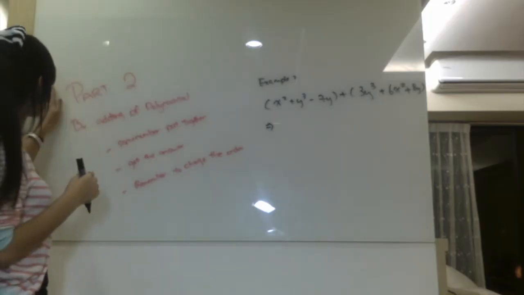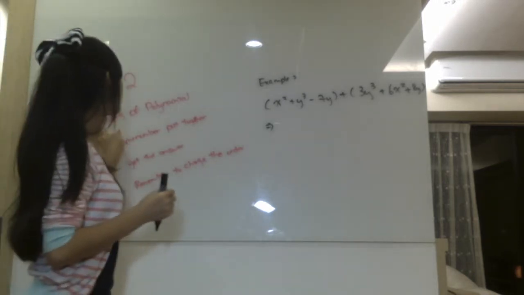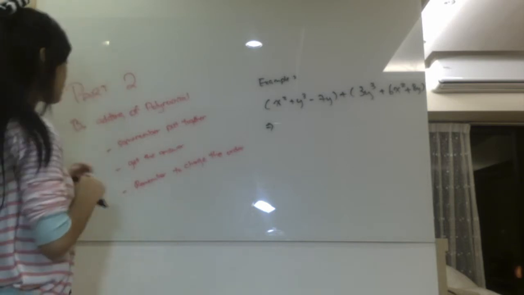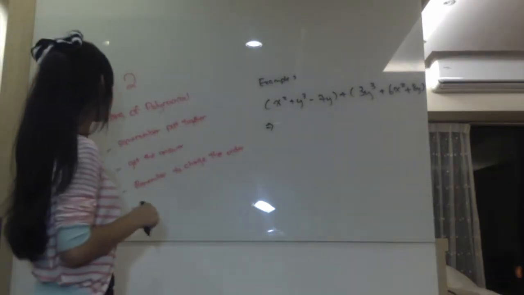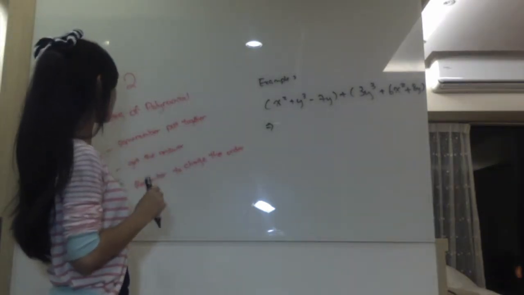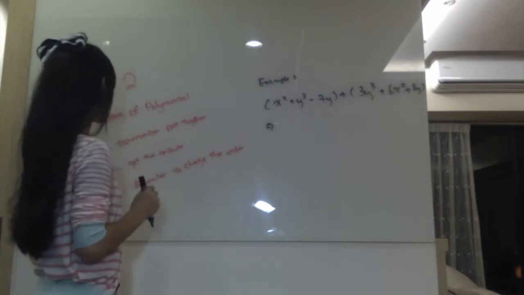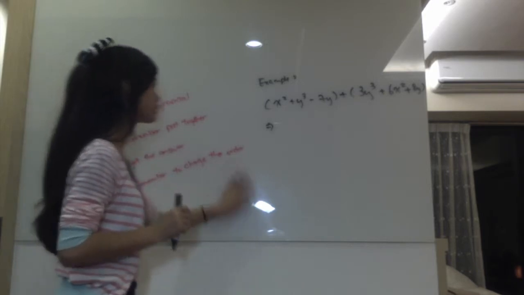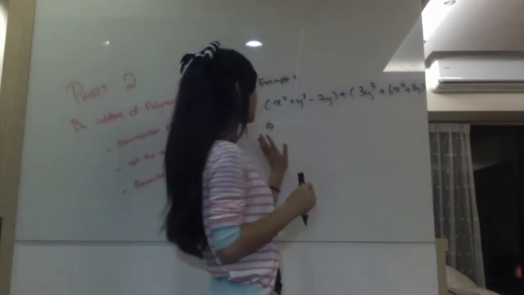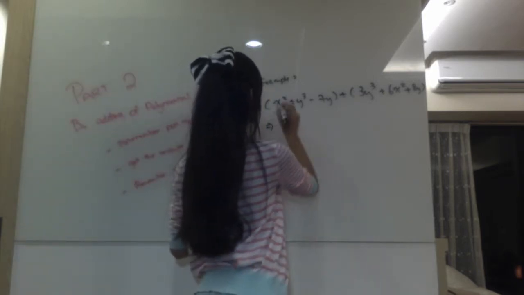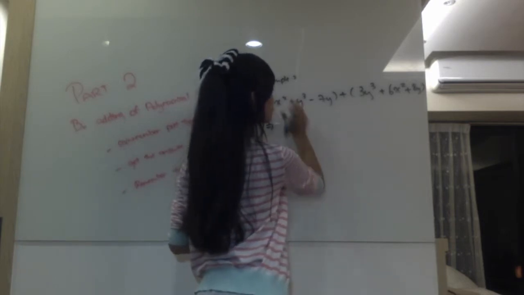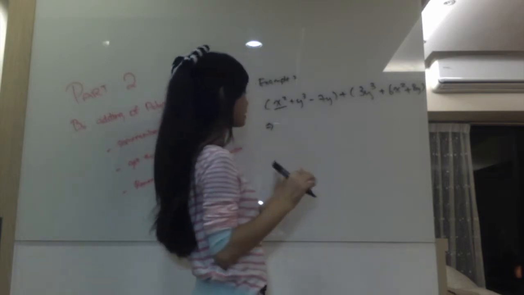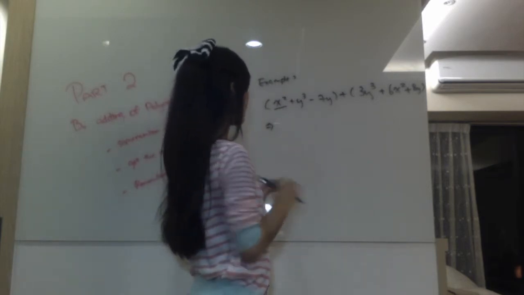Okay, this one is part 2B, adding of polynomials. So how do you do this? First, you need to put the same terms together. Then get the answer. Remember to change the order. Okay, we will do the example. We need to find the same degrees to add together.